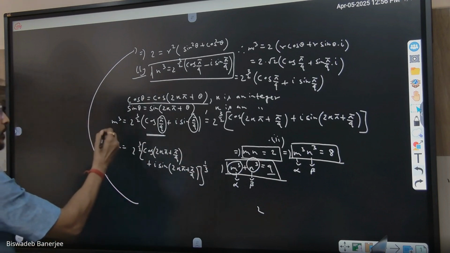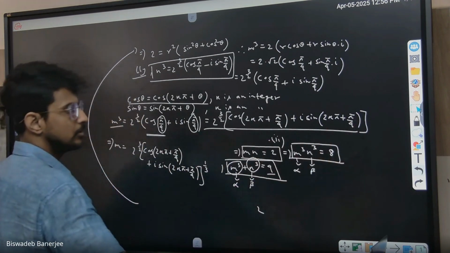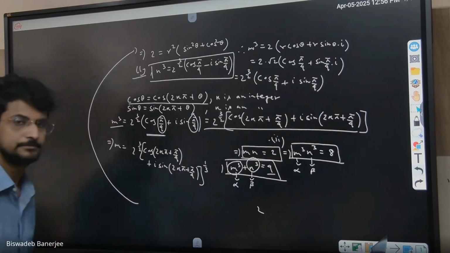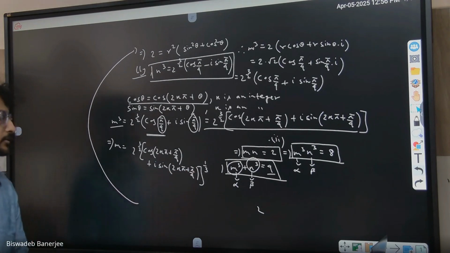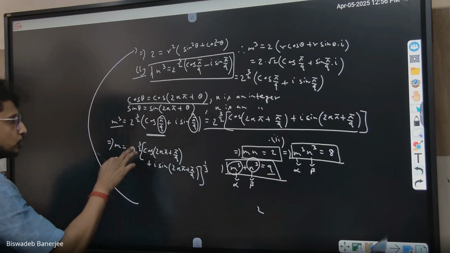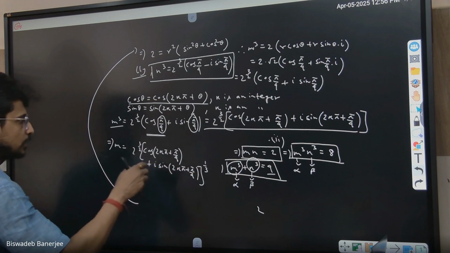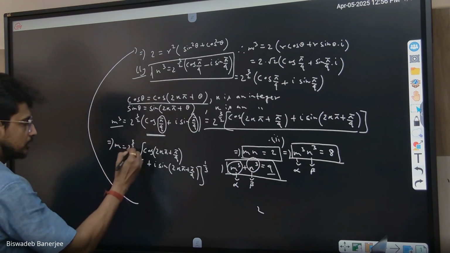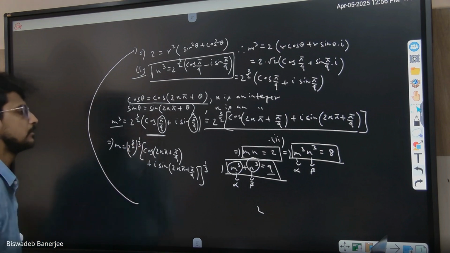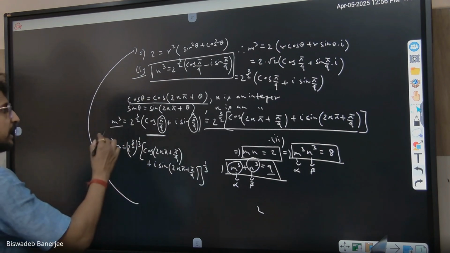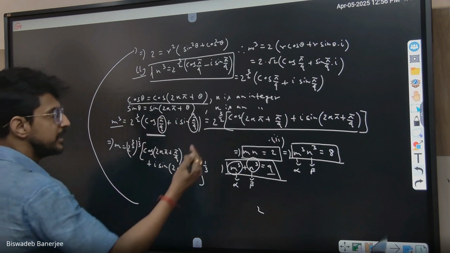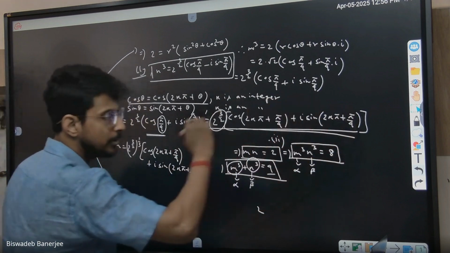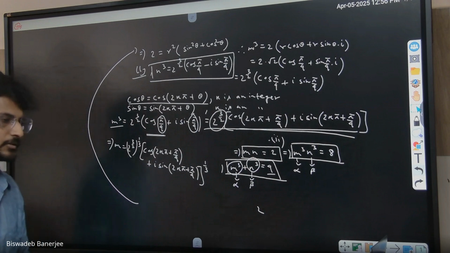My m will be this to the power 1/3, and the 2 to the power 3 by 2 also comes under this to the power 1/3, by laws of indices.